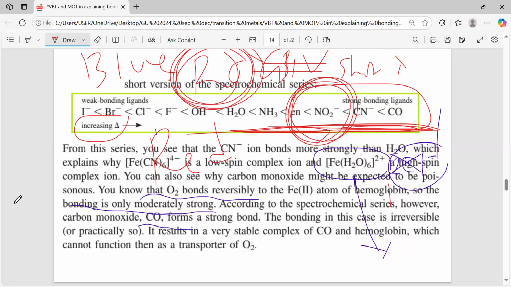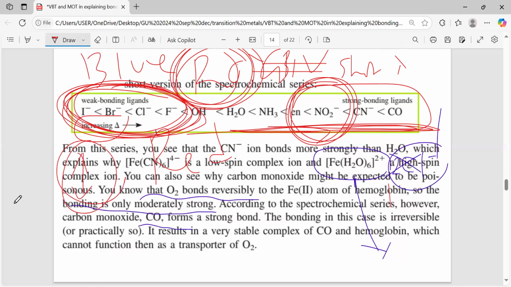The other way around, if you have complexes that contain these ligands I'm circling, these ones cause shorter splits or very short splits. And when you have a short split, you don't need a lot of energy to cause electrons to jump, okay? So if you have a shorter split like that, what happens?